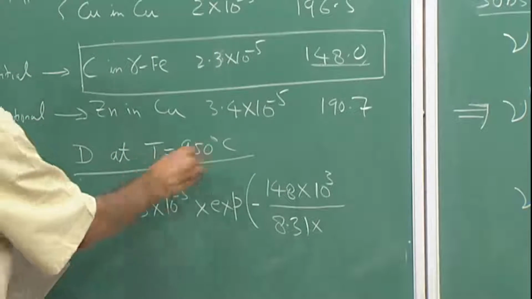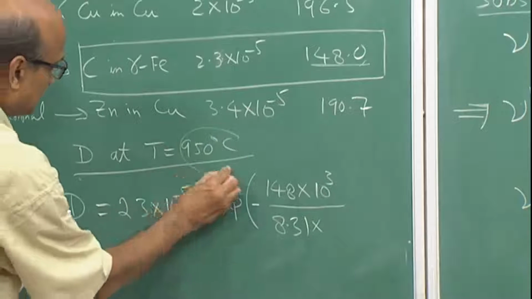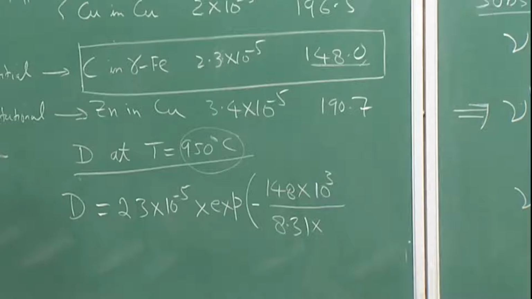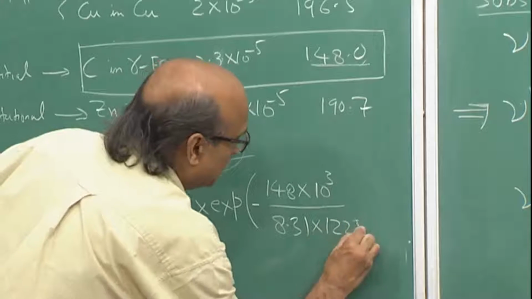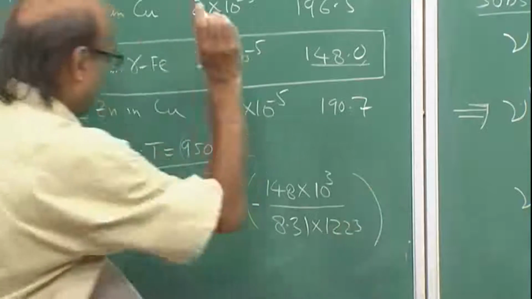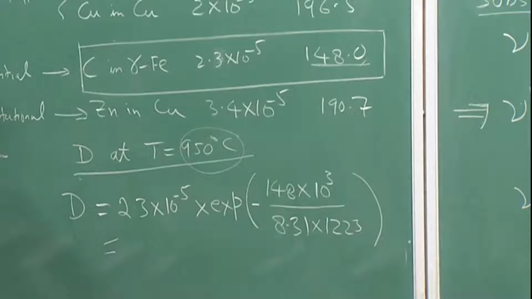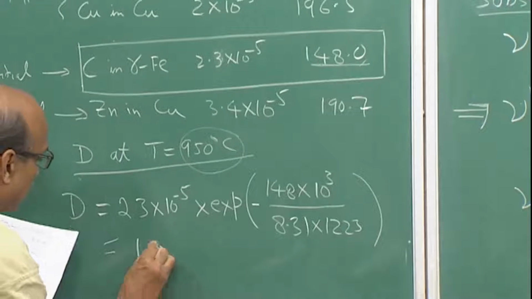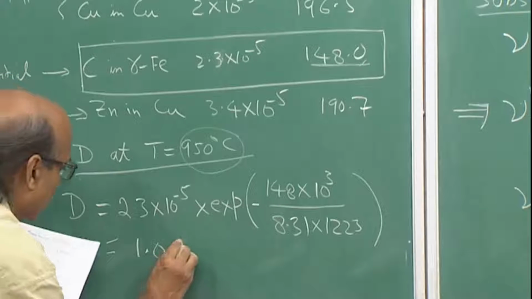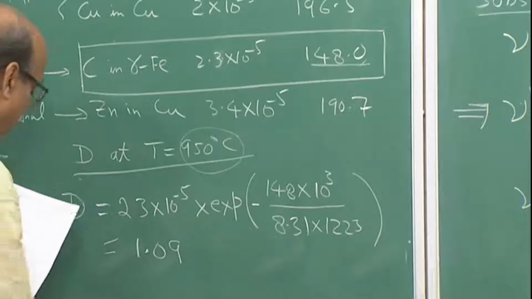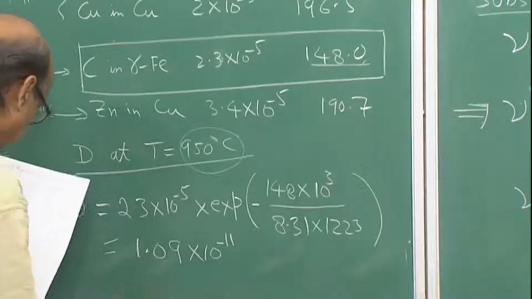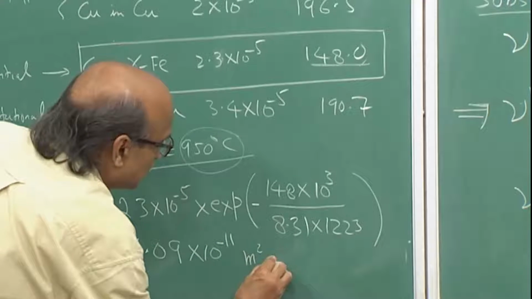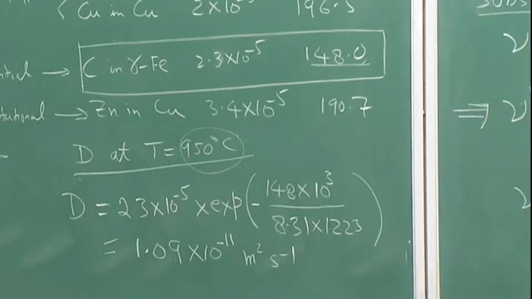I have a temperature of 950 degrees centigrade, add to this 273 to give me 1223 Kelvin as the temperature. I calculate this and I get a diffusion coefficient value at 950 degrees centigrade for carbon in gamma iron as 1.09 into 10 to power minus 11 meter square per second.